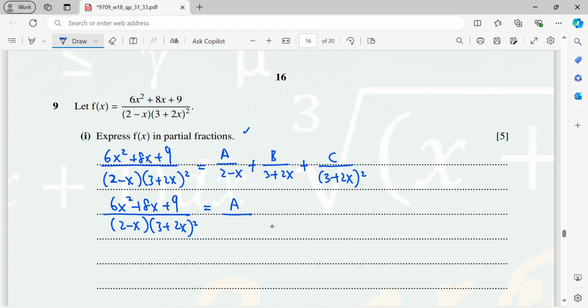Therefore, I need to multiply with the repeated factor. Then for the B, the second term, B over 3 plus 2x, because now you are given 3 plus 2x degree 1, it means that now I need to multiply with 2 minus x and then 3 plus 2x.